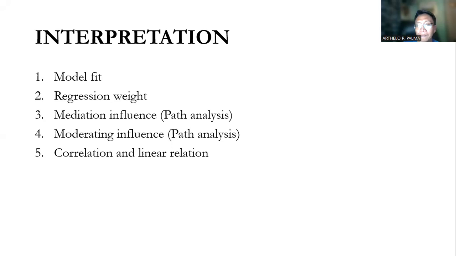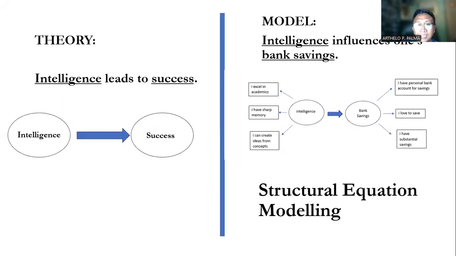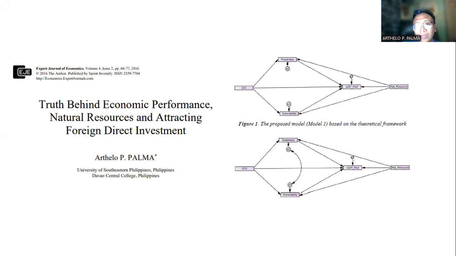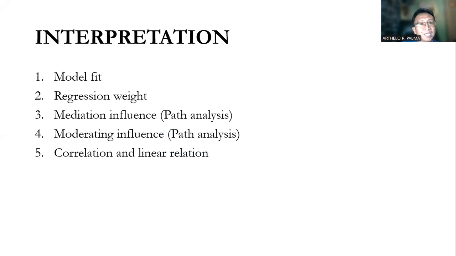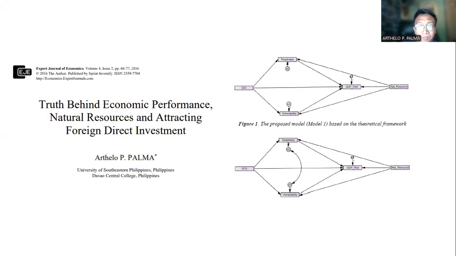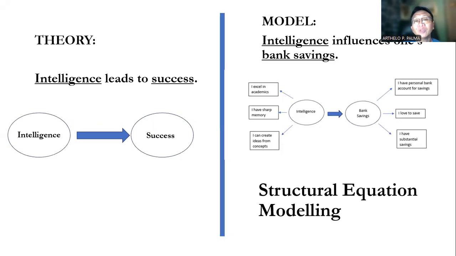Now, talking about factor analysis, we have what we call confirmatory factor analysis. The confirmatory factor analysis is actually the path analysis already, right? That's a specific part of the interpretation. The other is, of course, the confirmatory factor analysis. When you do structural equation modeling, you also do confirmatory factor analysis.